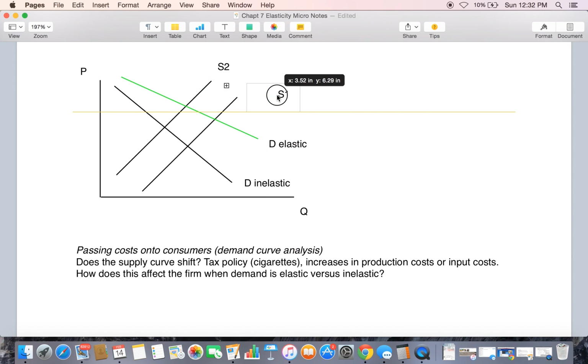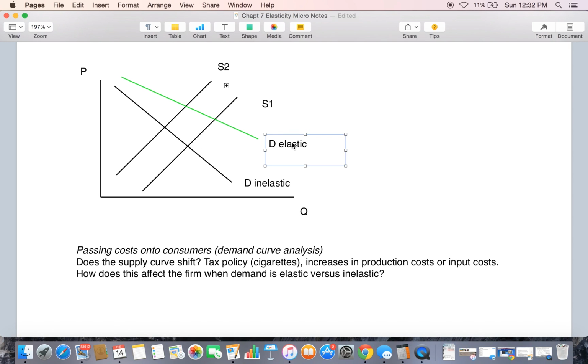If we have higher taxes, the supply curve will shift from S1 to S2. If we have higher input costs, the supply curve will shift from S1 to S2. So let's say we're manufacturing cigarettes and tax is put on the cigarettes at the manufacturer's level. This will shift our supply curve from S1 to S2, up and to the left.